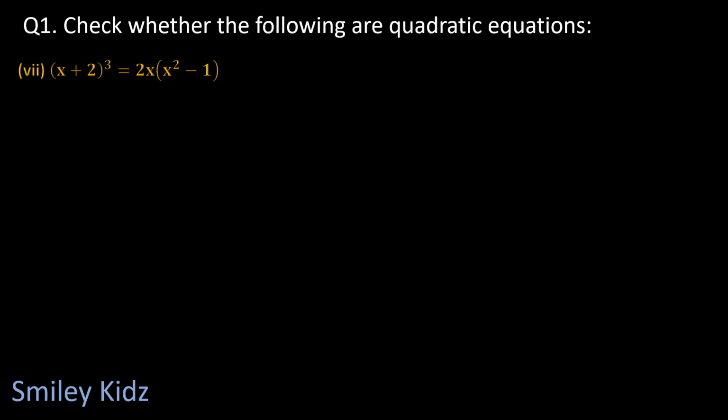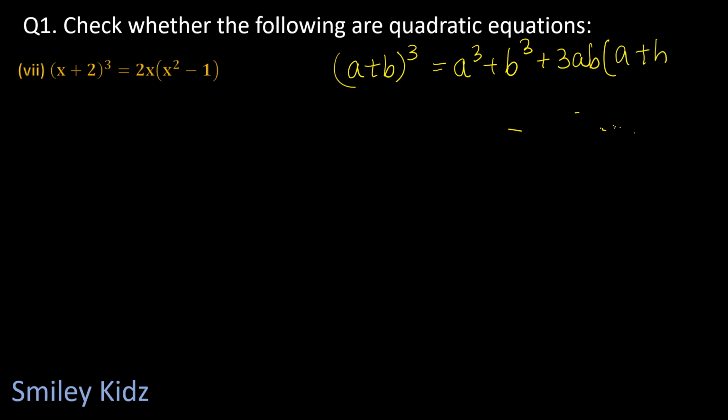Moving ahead, we have x plus 2 whole cube is equal to 2x multiplied by x square minus 1. Well, x plus 2 whole cube is in the form of a plus b whole cube. What is a plus b whole cube? A plus b whole cube is equal to a cube plus b cube plus 3ab into a plus b.